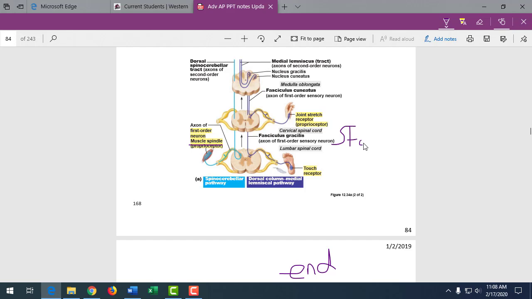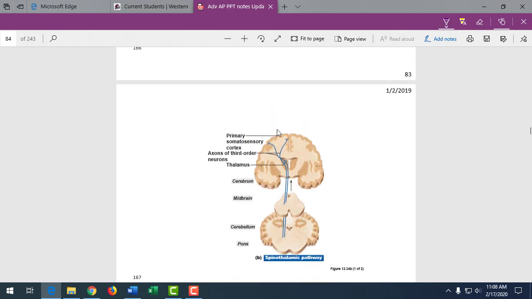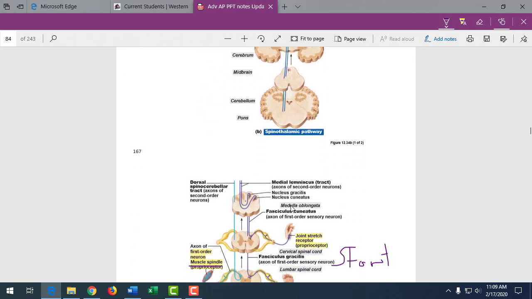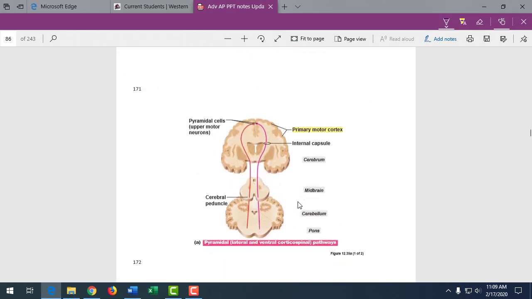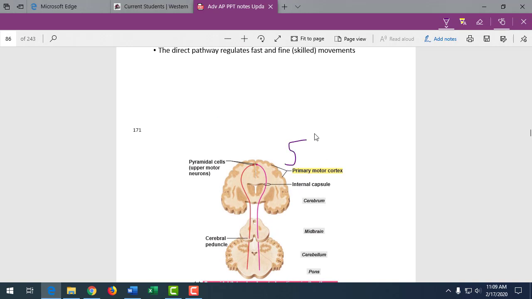For the ascending pathways, right? So it starts there, and it ends here in the somatosensory cortex. And how many neurons are there? Three. And then in the descending pathways, we said it starts here in the motor cortex with the upper motor neuron, right?